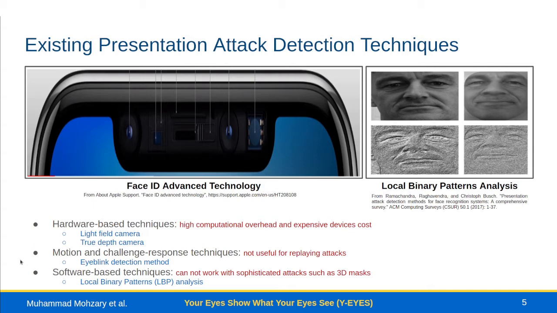Second, motion and challenge response techniques, such as eye blink detection methods, which track the eye movement to detect liveness. Third, software-based techniques, such as local binary patterns analysis, to analyze micro patterns in the facial images.